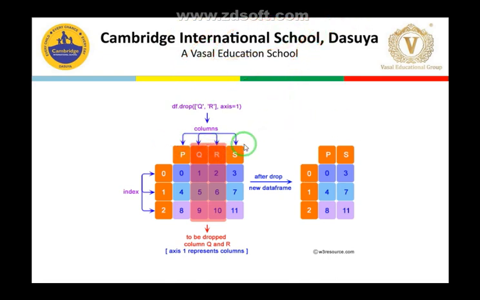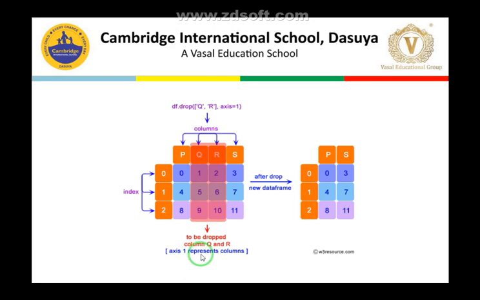These are my index values, these are my columns, and I have specifically mentioned Q and R. After deletion of Q and R, a new data frame is created after the drop. This is my output, where you find that only columns P and S are there because Q and R have been deleted.